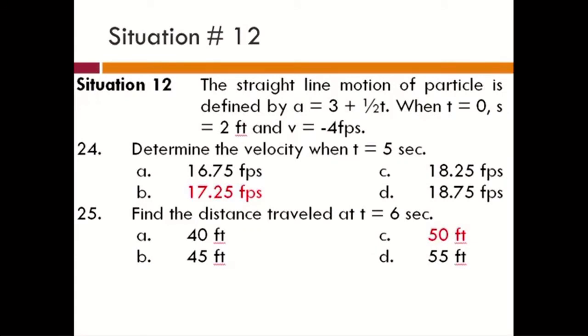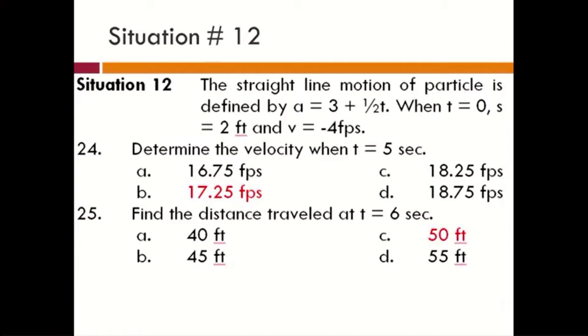Siyempre, hindi ko na nabibigyan ng introduction, so simulan natin agad. Ang sabi, the straight line motion of a particle is defined by, the acceleration is defined. Binigyan tayo ng parameters, t equals 0 and displacement s equals 2 feet. Ang ibig sabihin niyan, when t equals 0, s equals 2. Ibig sabihin, at the beginning, time equals 0, it is already displaced 2 feet away from a certain point.